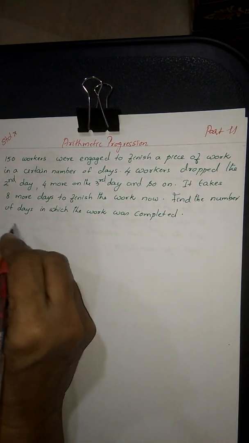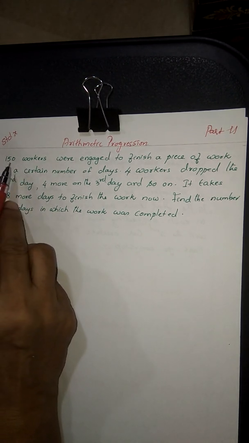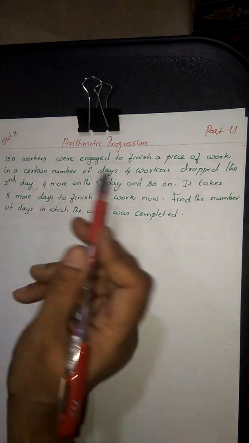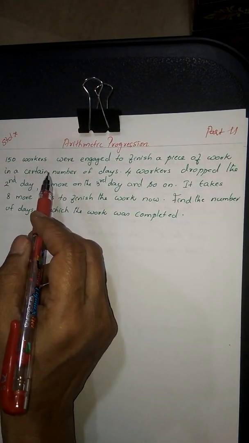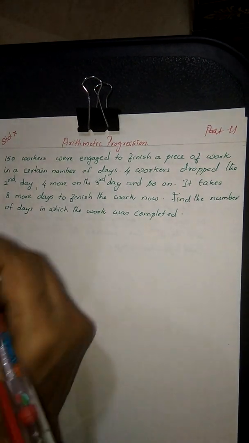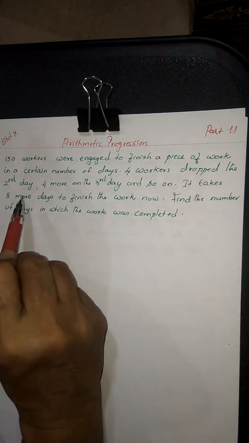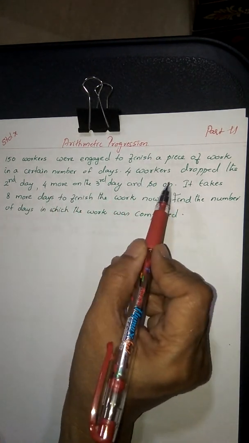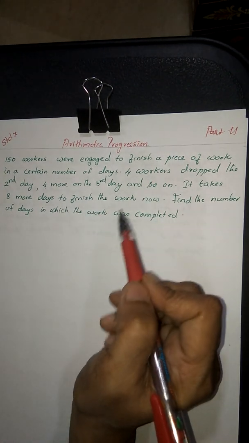Suppose all the 150 workers are doing the work on all the days, then they would have finished the work in a certain number of days. But on the first day 150 workers worked, and on the second day 4 workers dropped out.